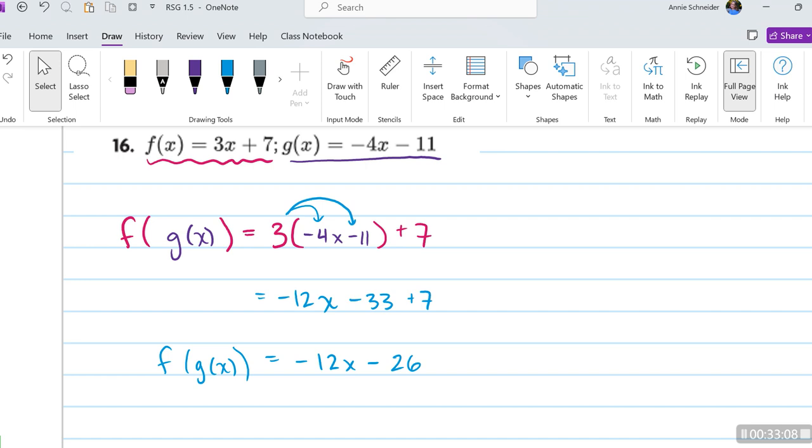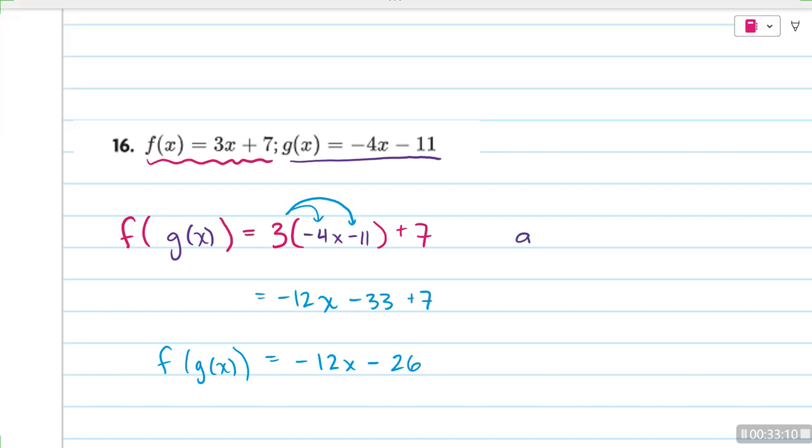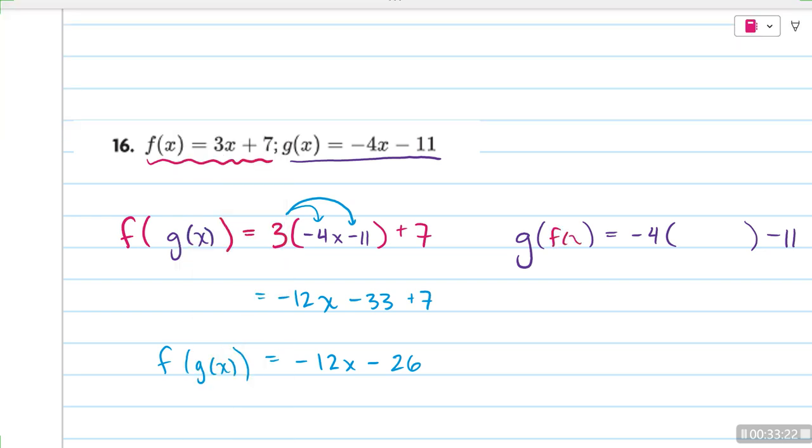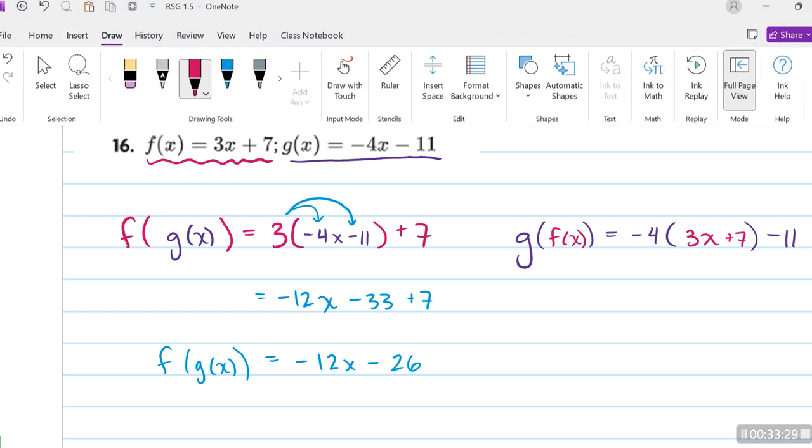For g of f of x, we start with the function g of x. So that's negative 4. Everywhere I see an x, I'm going to leave an open space because I want to use f of x as my new input. So I'm going to put 3x plus 7 where our x was.